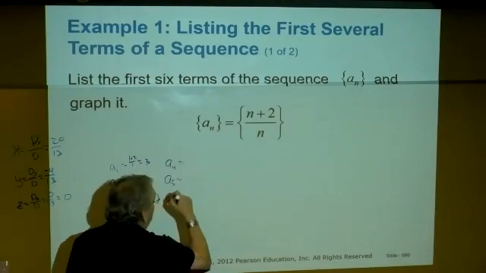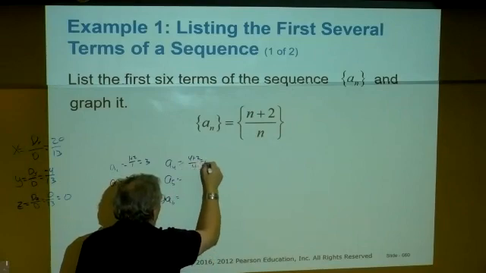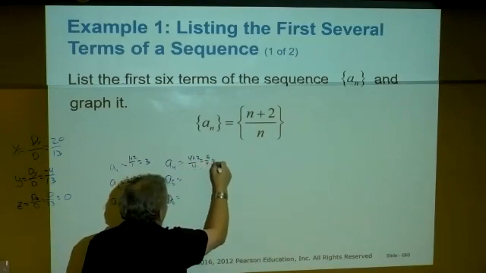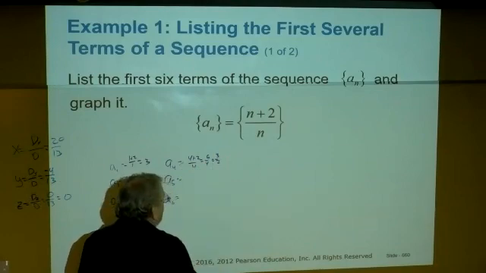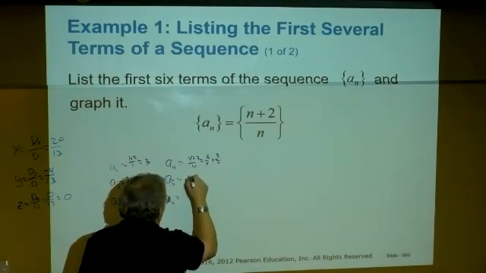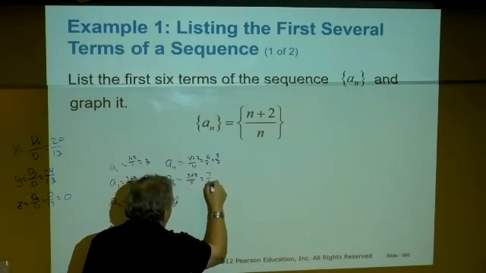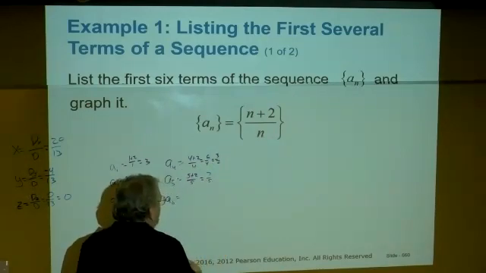And then putting 4 into play, we get 4 plus 2 divided by 4, which is 6 over 4, which is 3 halves. Putting 5 in for n, we get 5 plus 2 over 5, which equals 7 fifths. All right.